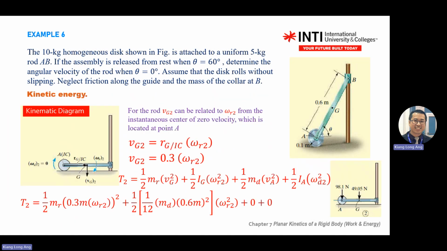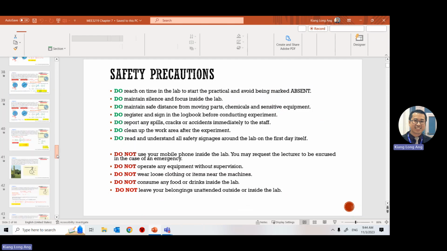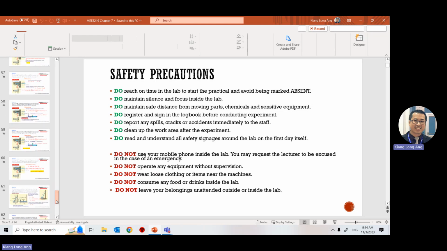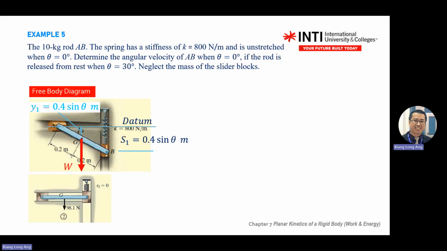I go fast on examples. Maybe I choose one to discuss, then another one is your homework. Pick this one. Yeah, pick this one as a sample.